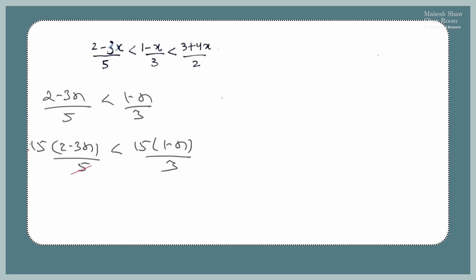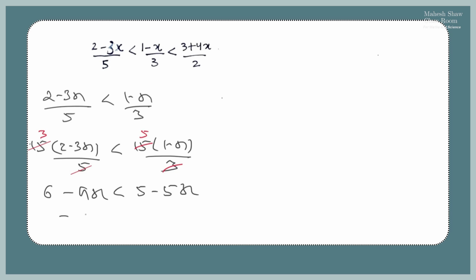So 5 one times 5, 3 times 3, 1 time 3, and 3 times 5. So this is 6, sorry, this is 6 minus 9x, and this is 5 into 1 is 5 minus 5x.